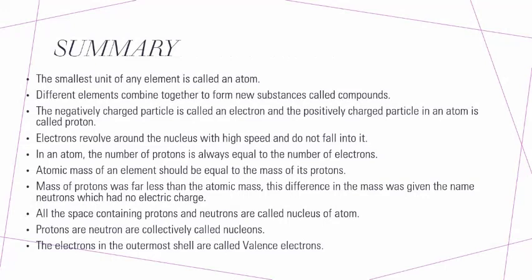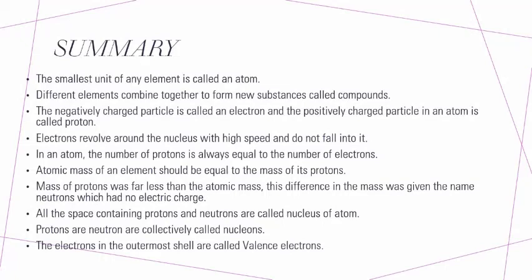So let us see the summary of what we have studied. First we have seen what an atom is: the smallest unit of an element, and different elements combine together to form new substances called compounds. The negatively charged particle is called an electron, the positively charged is called a proton. Electrons revolve around the nucleus with high speed, and they do not fall into it.